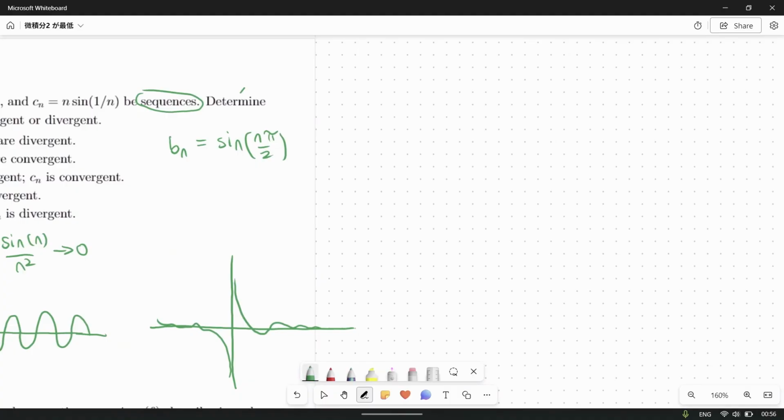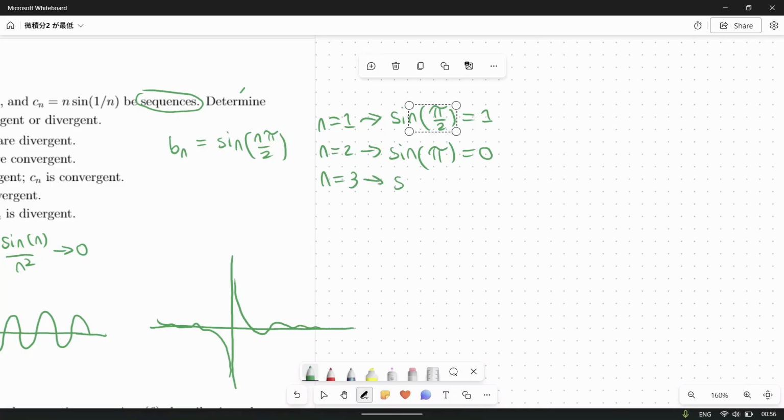To show you what I mean, I'll even use the first 5 numbers of n. So with n equal to 1, you'd end up with sine of pi over 2, which equals 1. In the case of n equal to 2, you end up with sine of pi, which is equal to 0. In the case of n equal to 3, you end up with sine of 3 pi over 2, which just goes to -1.